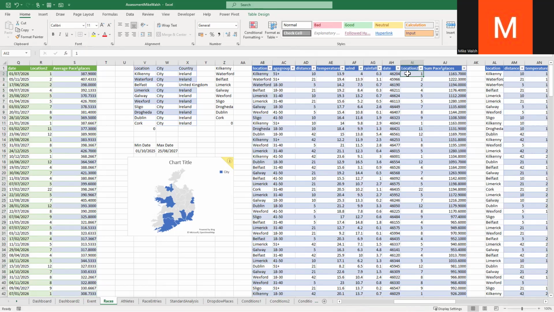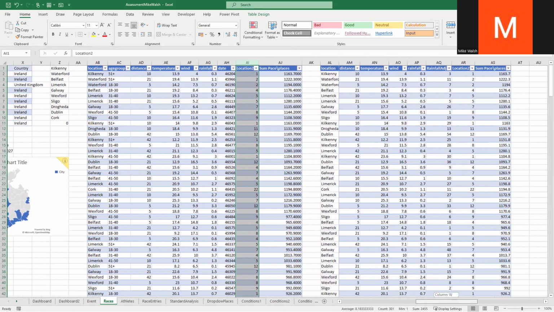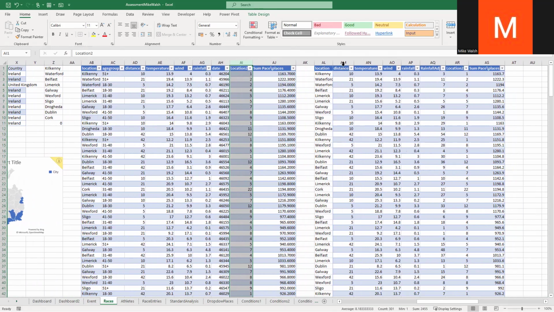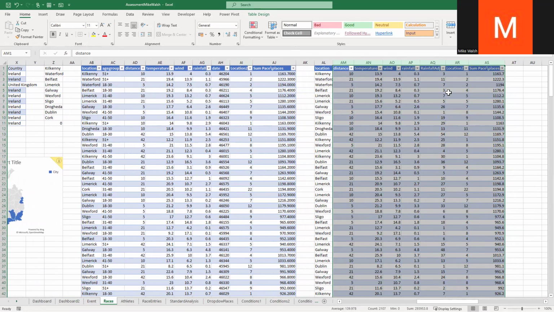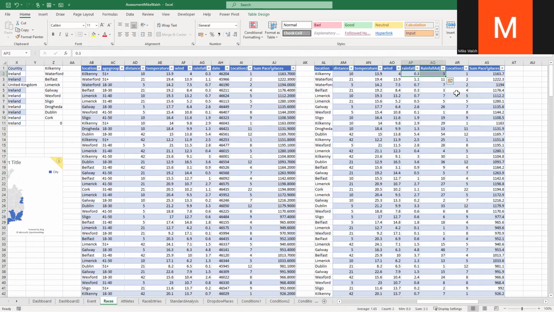Kilkenny was 1, just to put them into a numerical value, and then got to this table here, so all my information was in this table. I adjusted rainfall by a factor of 10 just to get it into a graph that I wanted to use later. That's my adjusted rainfall.